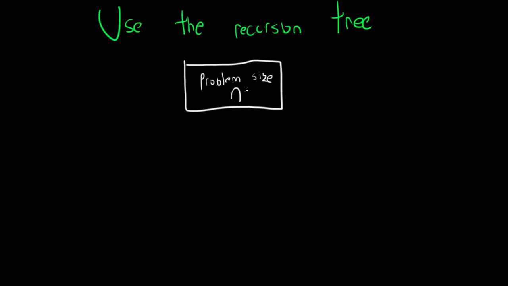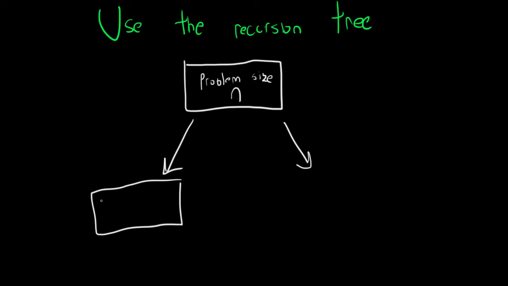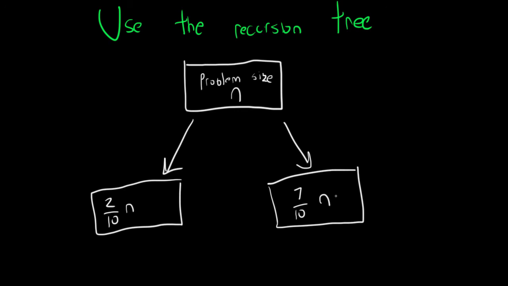So how are we going to split this up with those two values that we had over here? Well, we're clearly going to split this up in two different ways. One of them would be 2 over 10 n, which is why we multiplied it to have the same denominator. And the other one would be 7 over 10 n. So two sub-problems of different sizes.